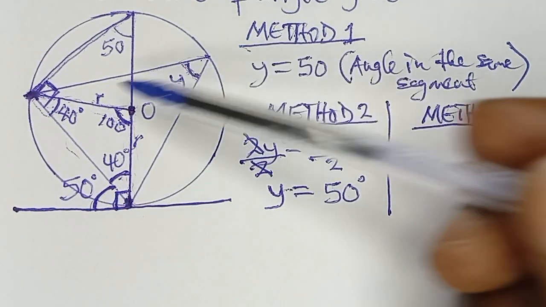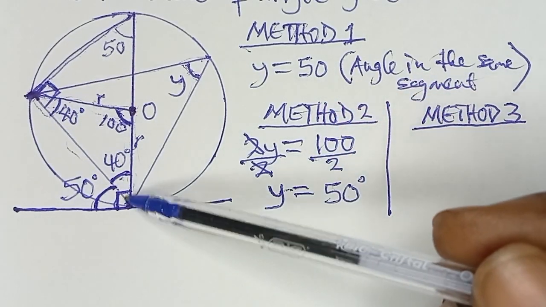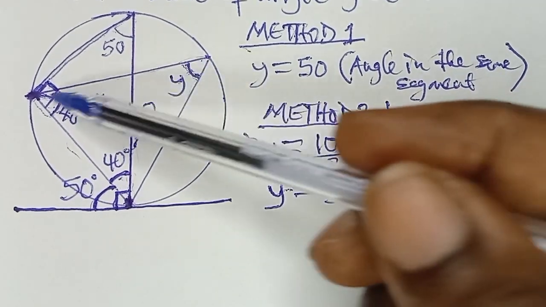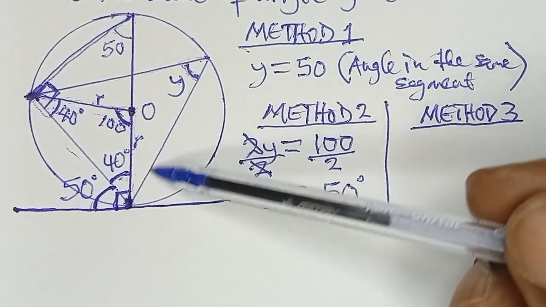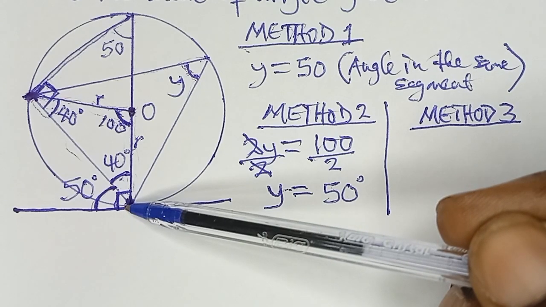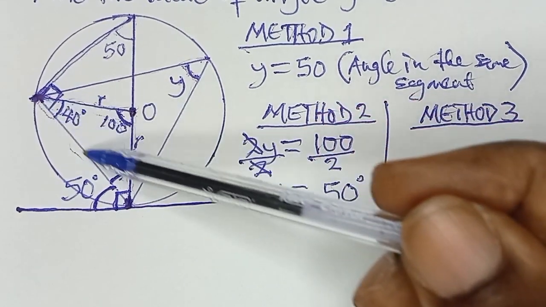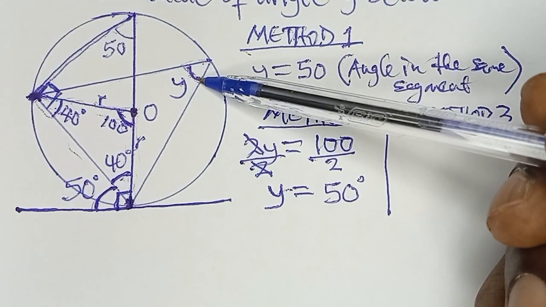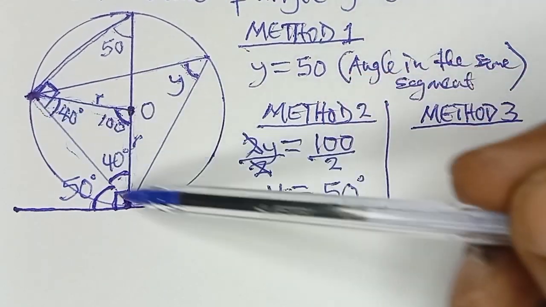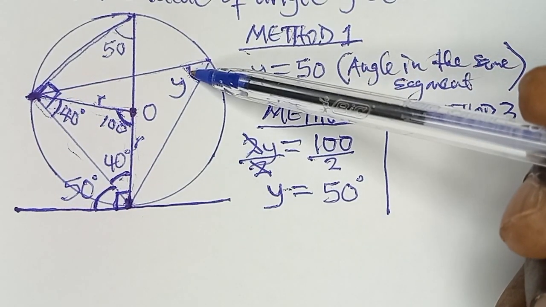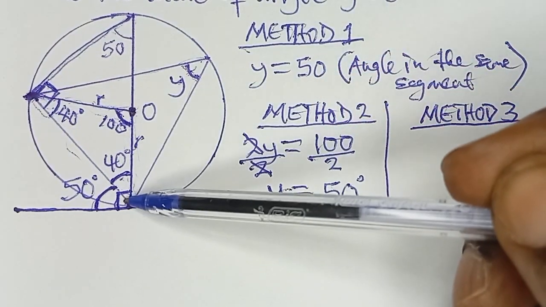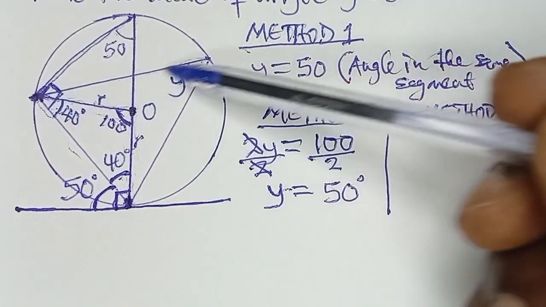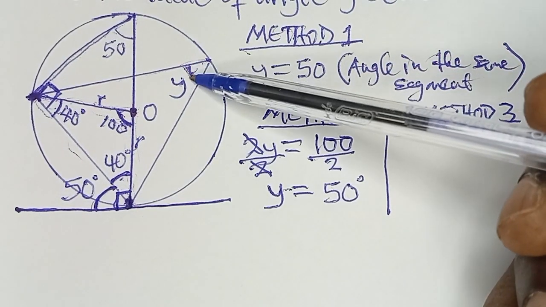Now, you also agree with me that this chord makes angle y in this triangle. I hope you are seeing it. This chord here is also having this angle in the triangle. So don't forget a line and its opposite angle. So this chord and its opposite angle that it makes in this triangle, that opposite angle is y.